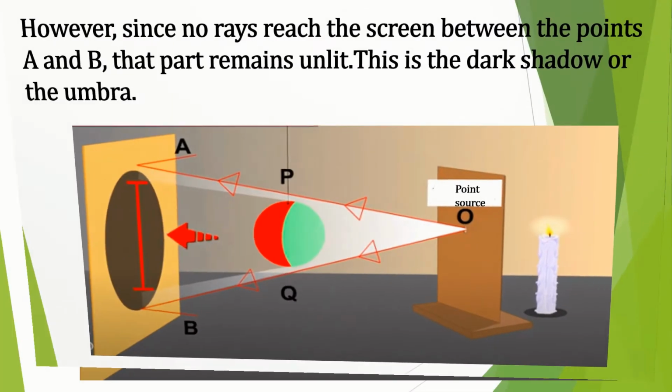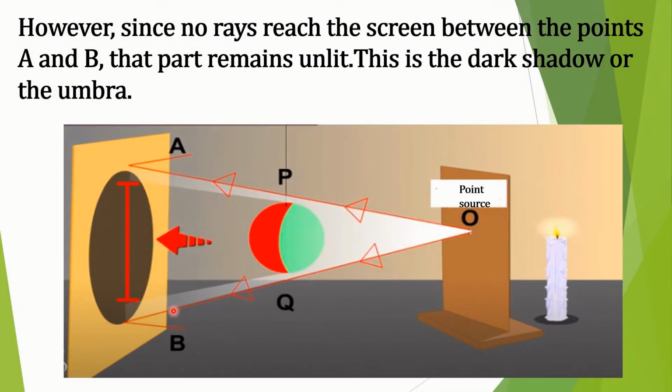However, since no rays reach the screen between the points A and B, that part remains unlit. This is the dark shadow or the umbra.